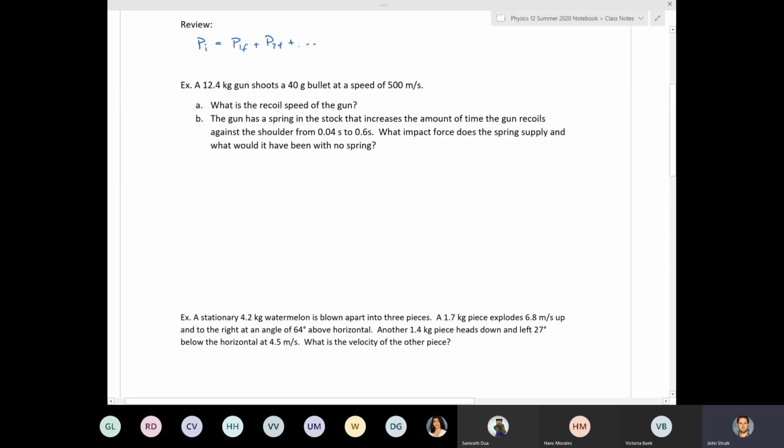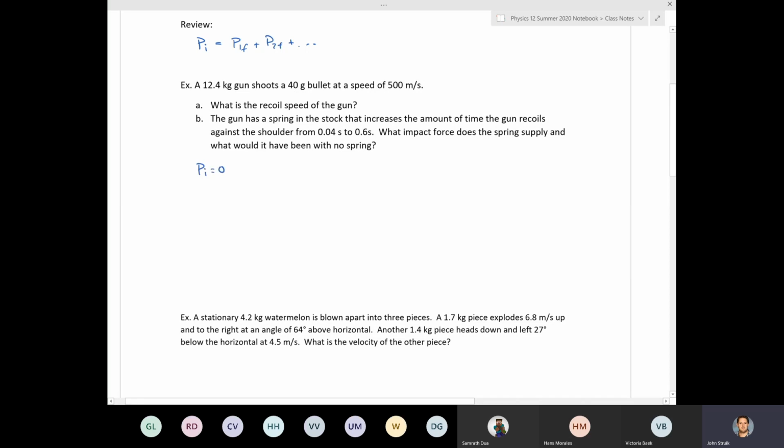A 12.4 kilogram gun shoots a 40-gram bullet at a speed of 500 meters per second. What is the recoil speed of the gun? Assuming the gun is at rest before it shoots the bullet, our initial P is 0.